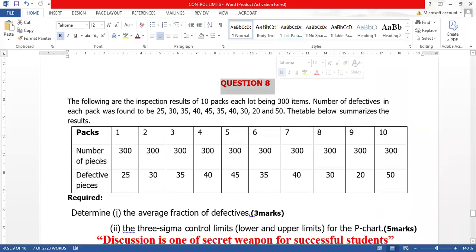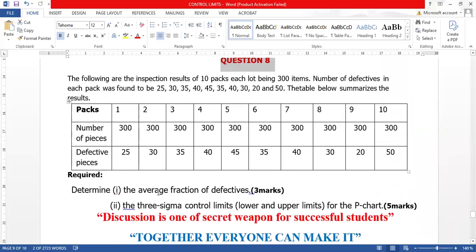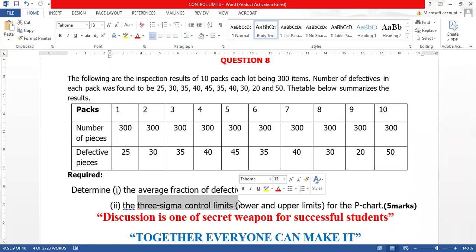You just rearrange your data, then you create the column for proportion. The average fraction is like the average control limit. The 3 sigma control limits are the lower control limit, upper control limit, and average.